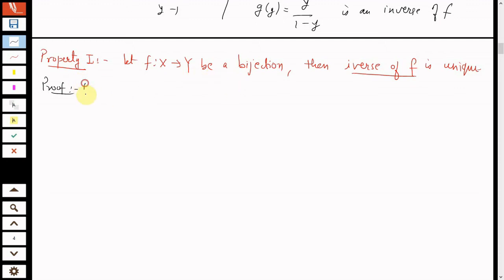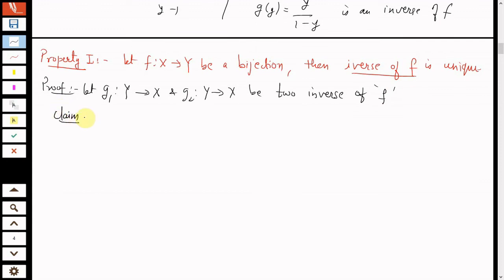So let g1, by the way, an inverse should be a function from Y to X. So let g1 from Y to X and g2 from Y to X be two inverses of f. So we need to show g1 is equal to g2.